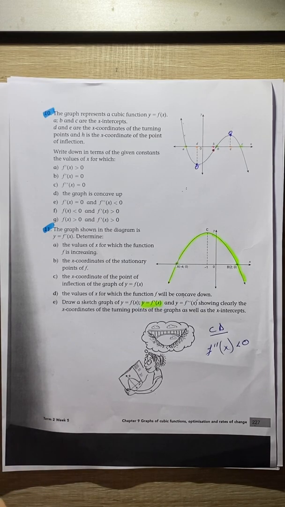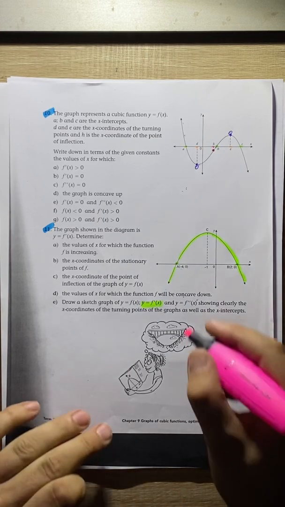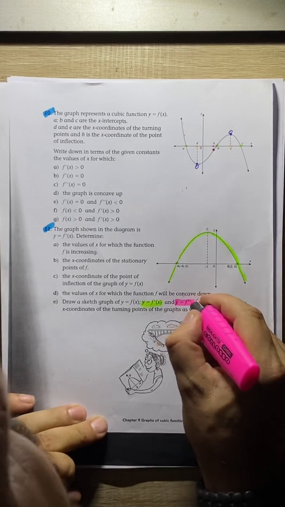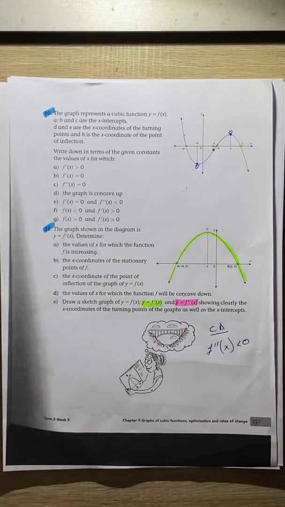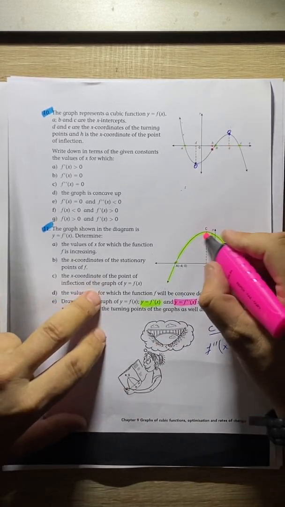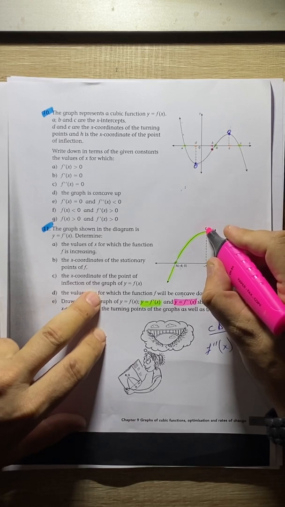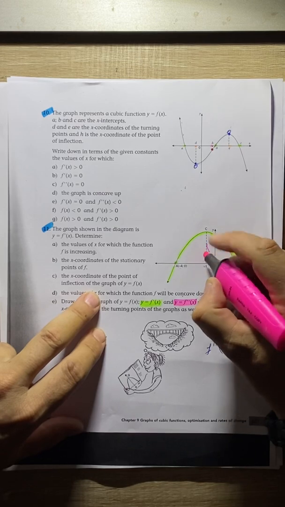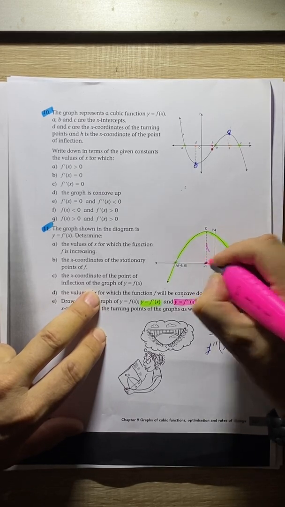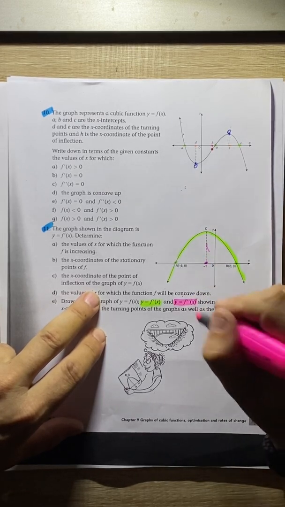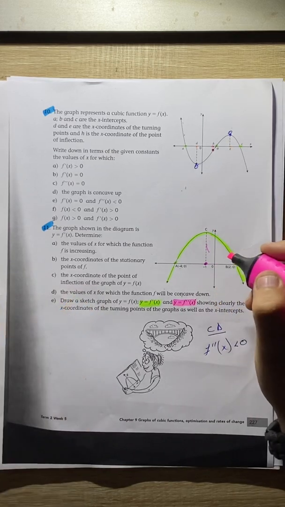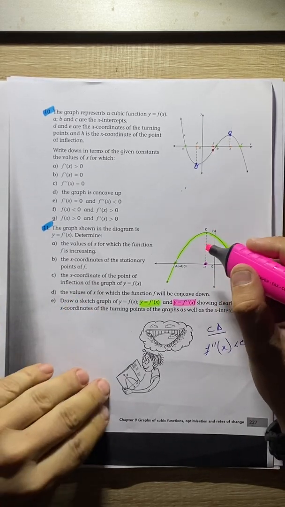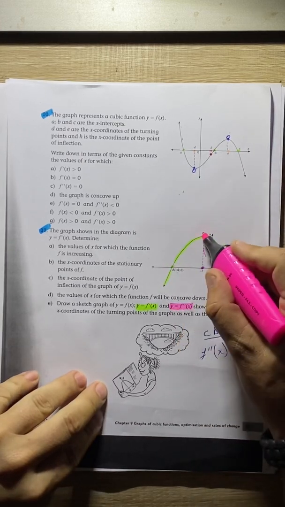What we're going to do now is draw the f double dashed one first. So I know that my turning point for this is going to be my point of inflection. Okay, so my point of inflection is going to be an x-intercept for my f double dashed. All right, now we know that from here to here, this is going to be concave up.